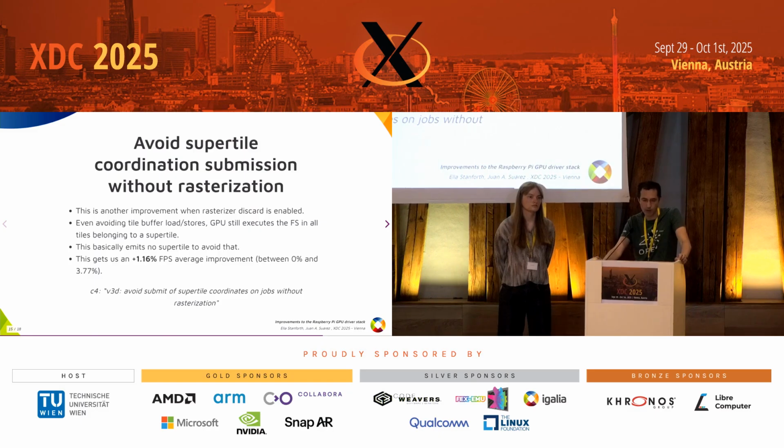We are avoiding the load stores due to the previous commit, but the GPU will still process all these tiles. So again, if we are disabling rasterization, we are not emitting the supertile, which means that no tile is submitted to the GPU, so the GPU will avoid processing the tiles.